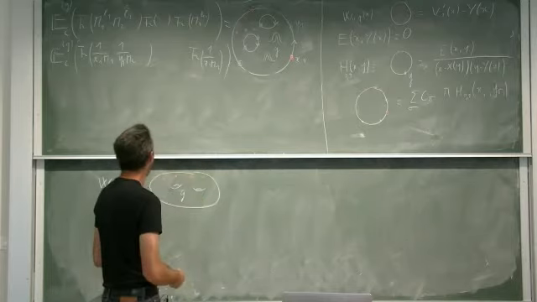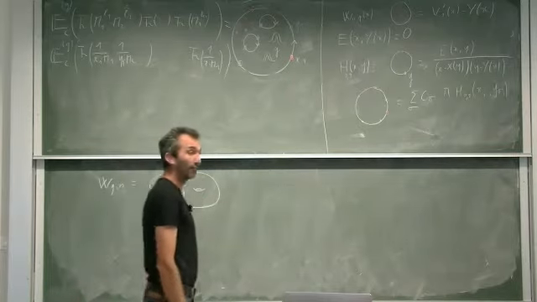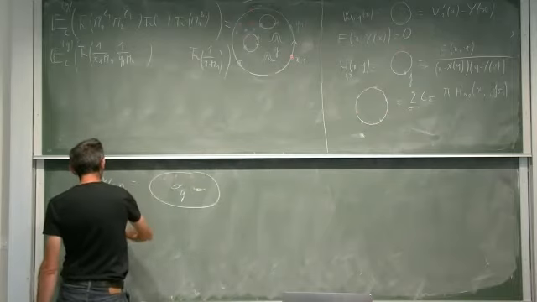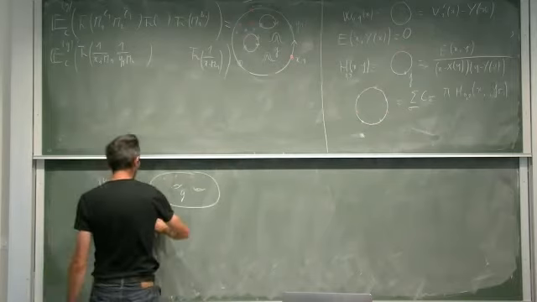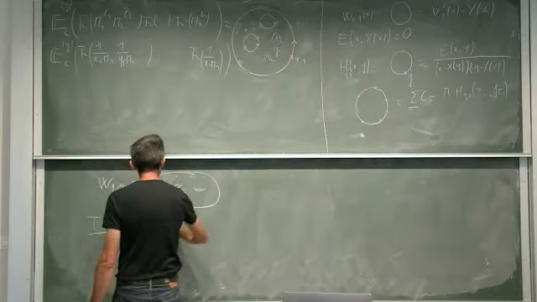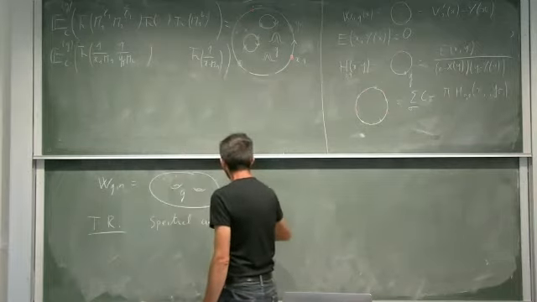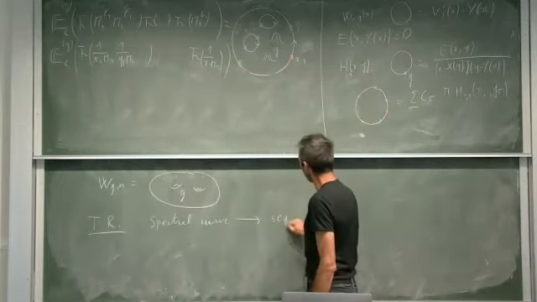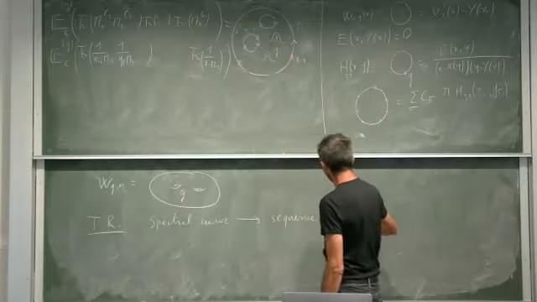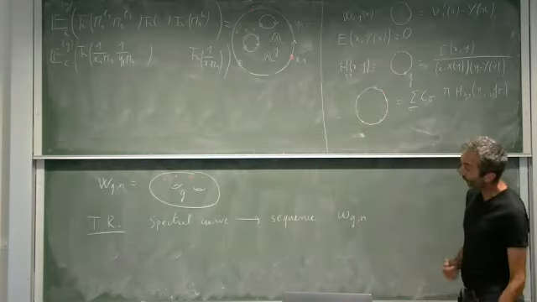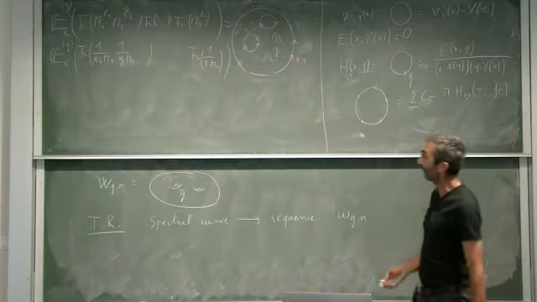Okay, and in fact, it is given by topological recursion. So let me recall that topological recursion is a procedure that to a spectral curve, it associates a sequence of differential forms that are called omega GN. And it turns out that basically this is the answer to our problem.